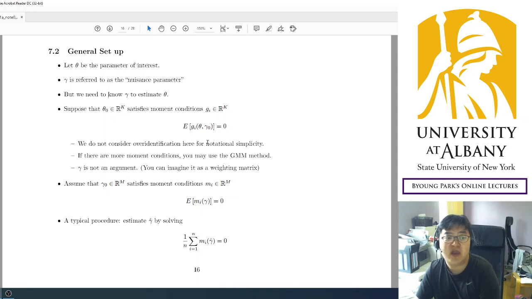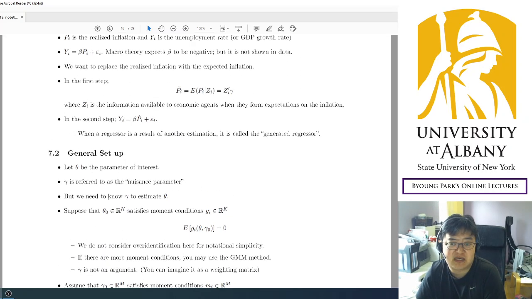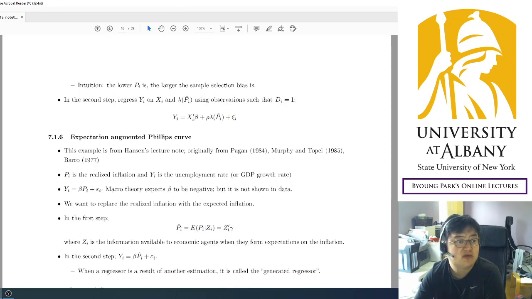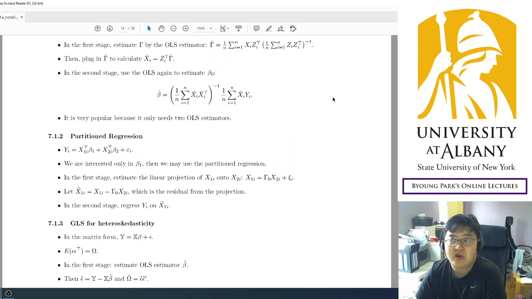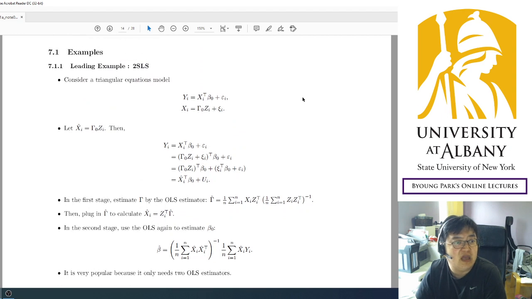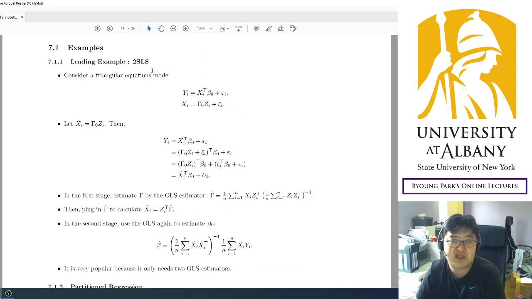You may consider these earlier examples. Let's go back here. In the two-stage least squares case, the relationship between instrument and endogenous variable is not what you want.